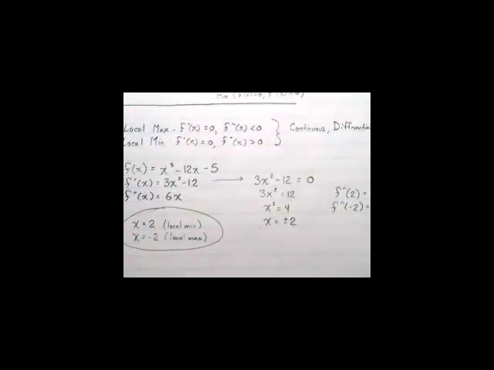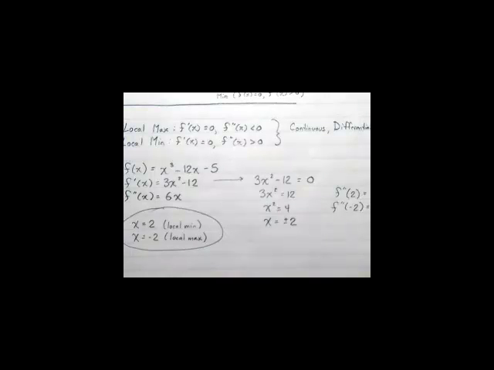So, kind of the idea is using the second derivative test. The next step in the process here is we're going to take these ideas about concavity and where it is increasing and decreasing and where there are points of inflection and maxes and mins and all of that.